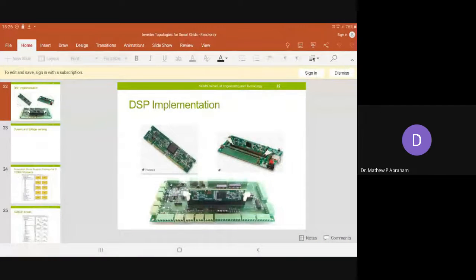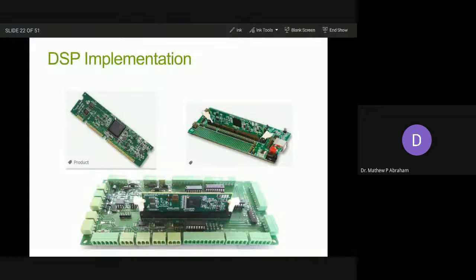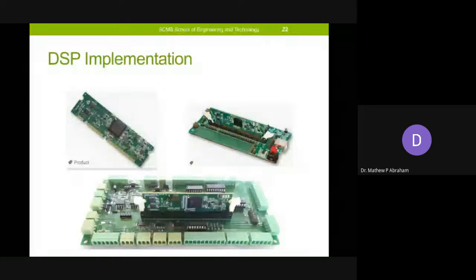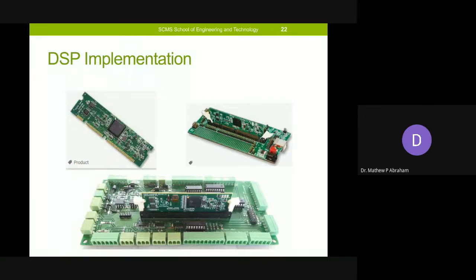So that is with our Simulink, our MATLAB based operation. In the second case, we go in for DSP implementation. So we make use of the same program. Nothing is getting changed. Only thing is that a new hardware board is brought in rather than the data acquisition board, right?